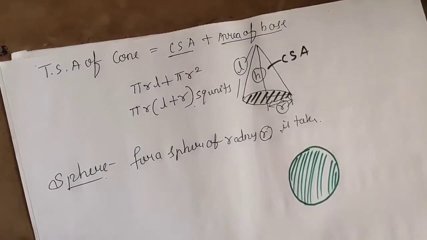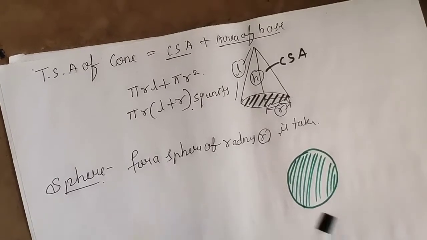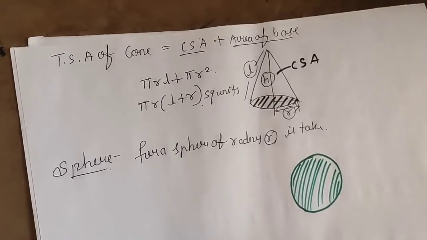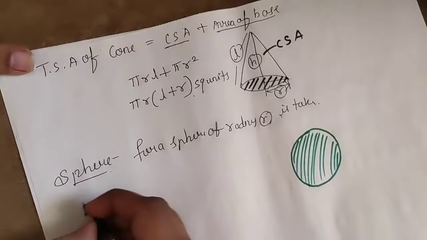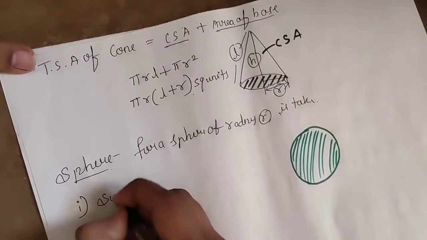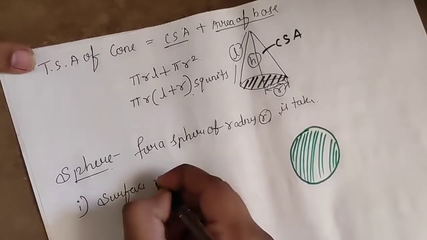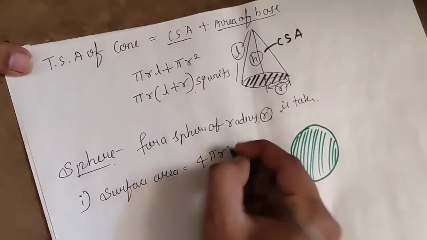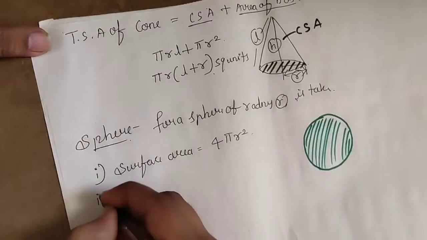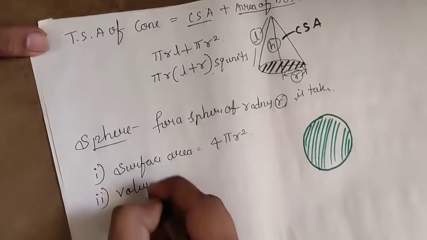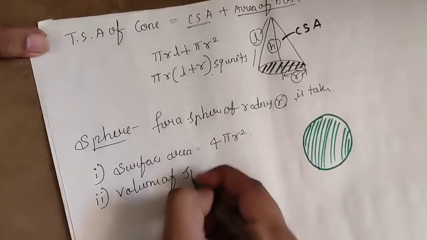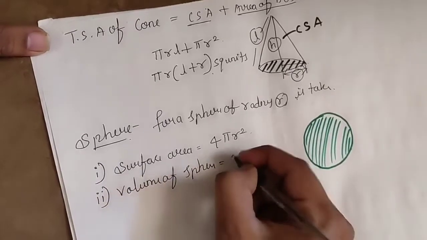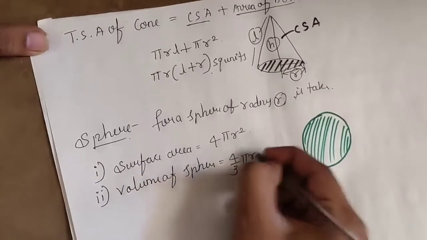For sphere there is no curved surface area or total surface area, there is only surface area, that means curved only. Surface area of sphere is 4 pi r square. Volume of sphere is 4 by 3 pi r cube.